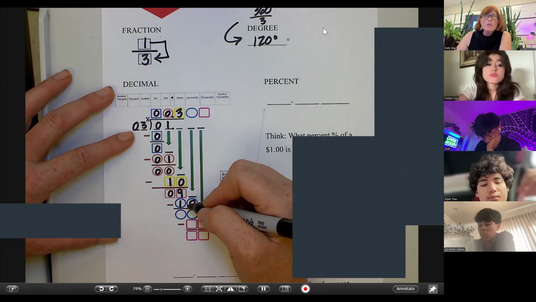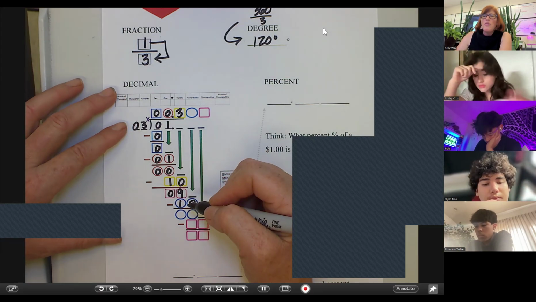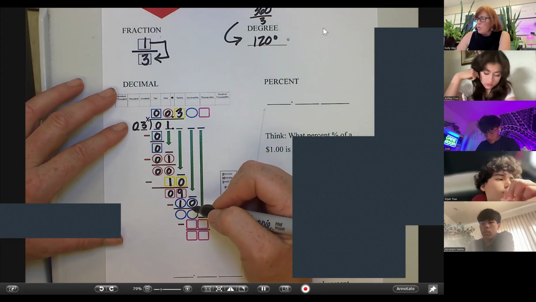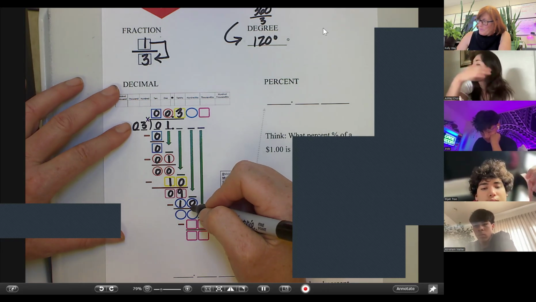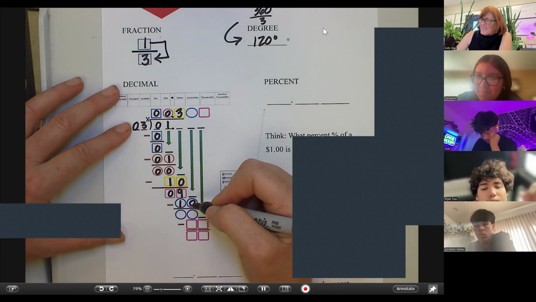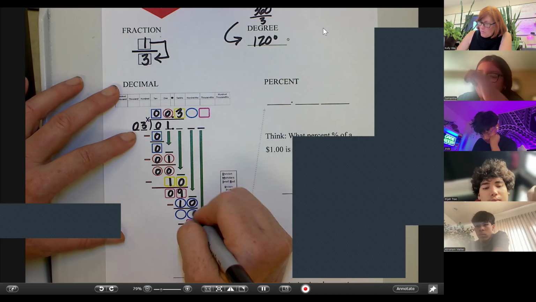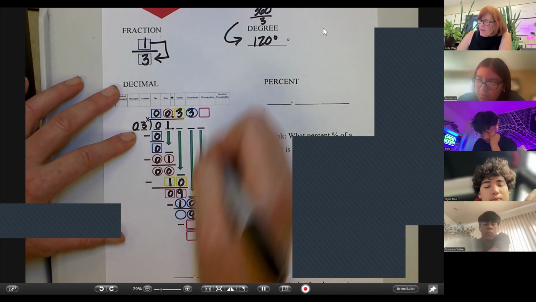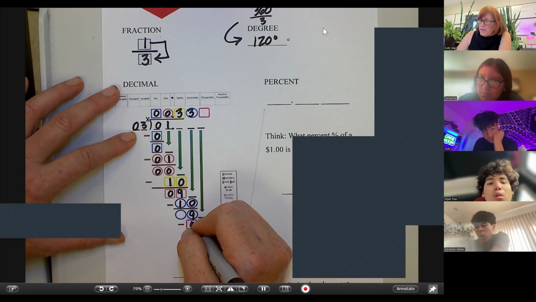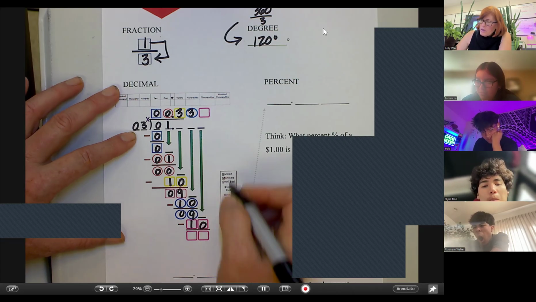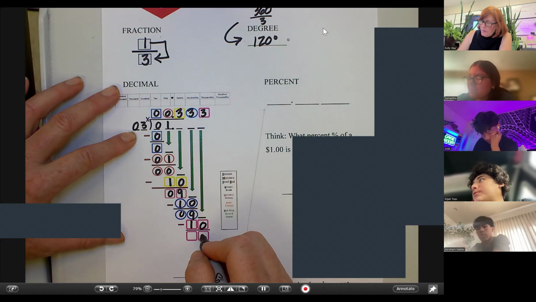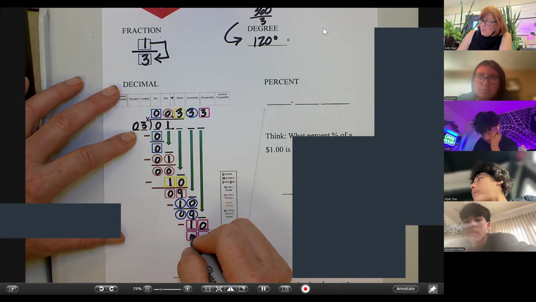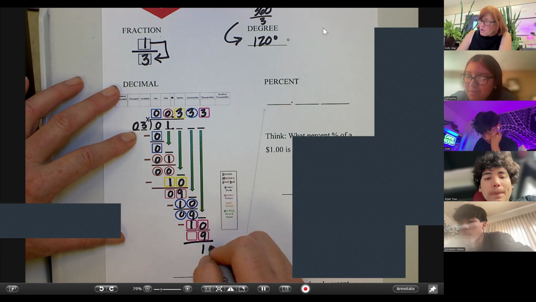Question again, we have another 10, and the question is going to be, how many 3s fit into 10, Samantha? 9. Yep. And that's 3 times 3. And you can see that it's repeating. And so we automatically know that this is 3 again, which gets us 9. And do you see it just keeps going?